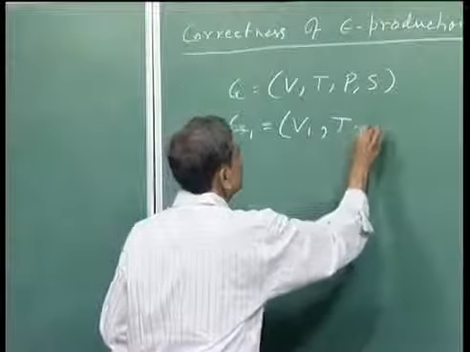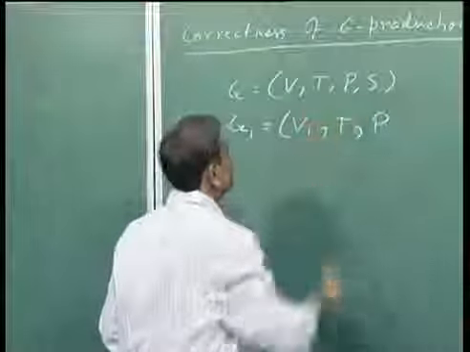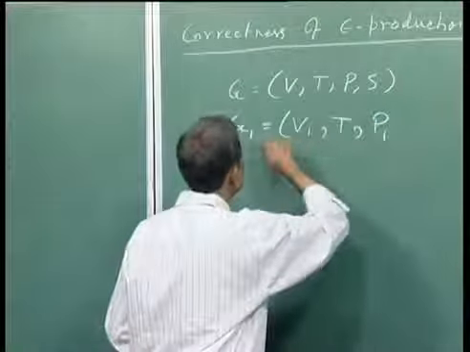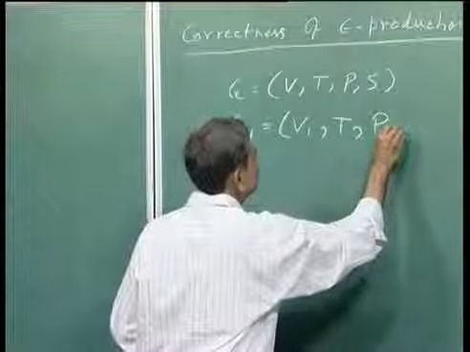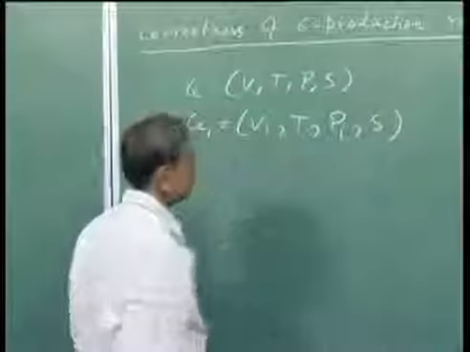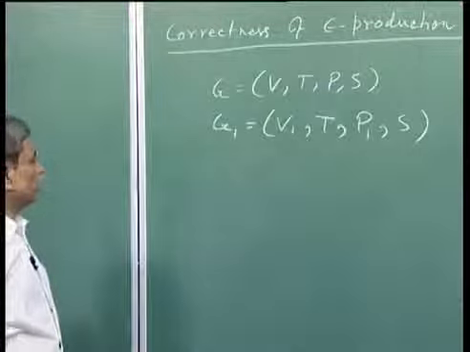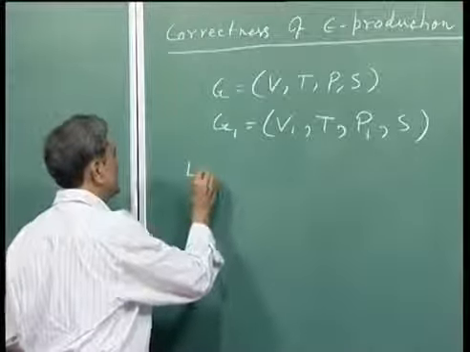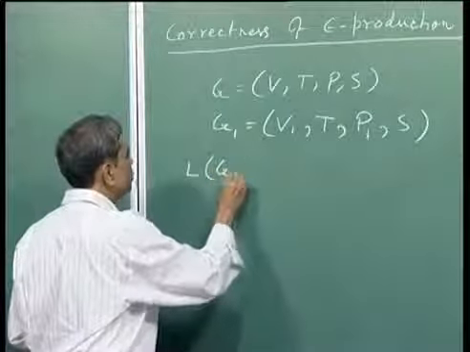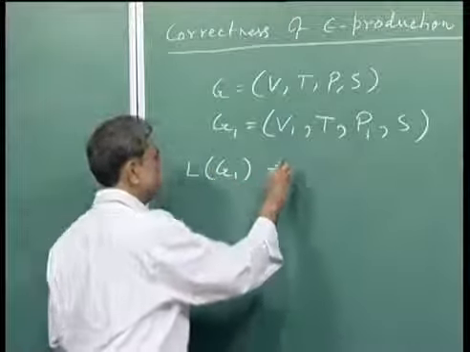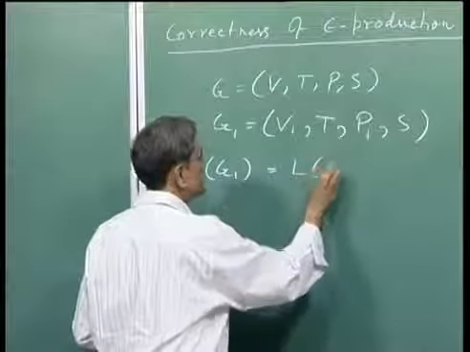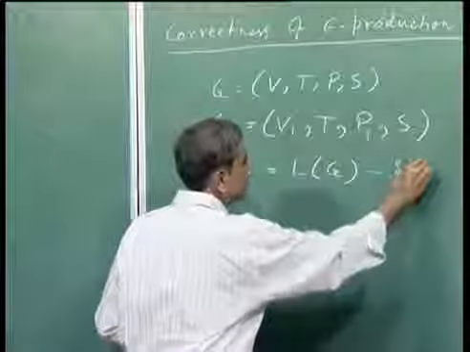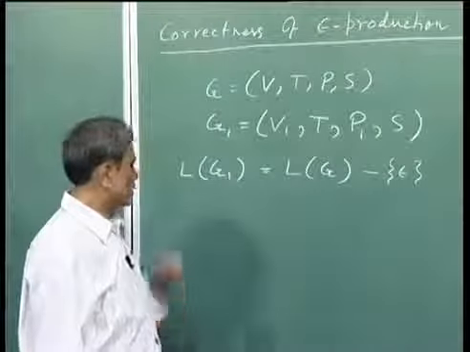Terminals would not have been removed, and let us call the new set of productions P1, and of course S. What we want to show is L(G1) is the same as the language generated by the original grammar minus possibly the string epsilon, right.